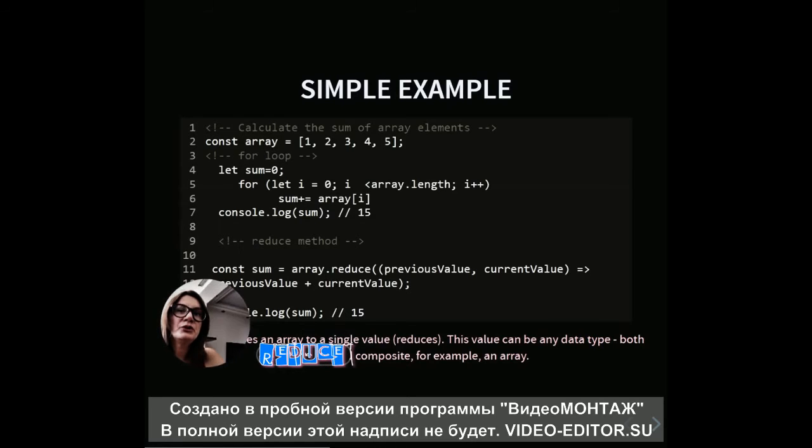Reduce helps to avoid declaring an extra variable. It is worth understanding: if we need to collapse the array into one value and we would need to declare a variable outside the loop, then in this case reduce is suitable for us.